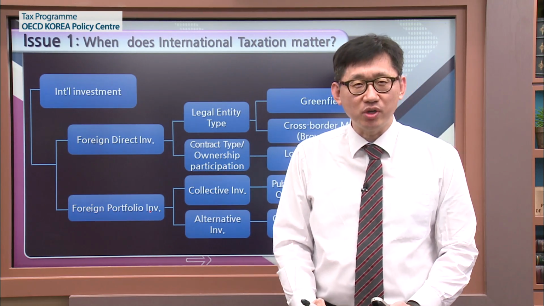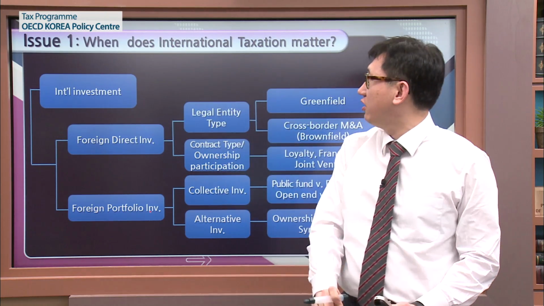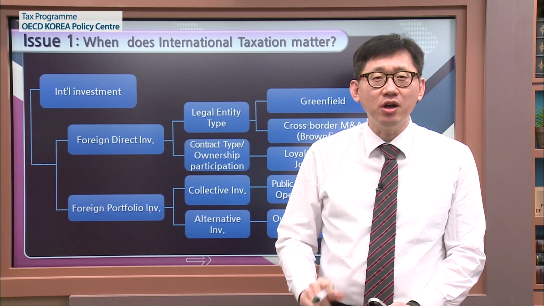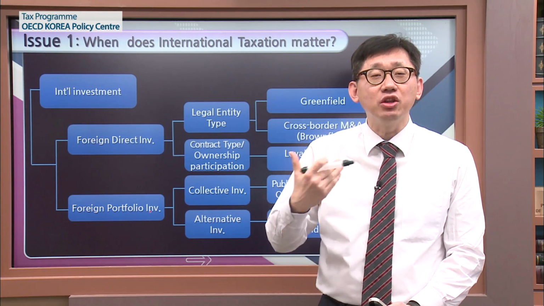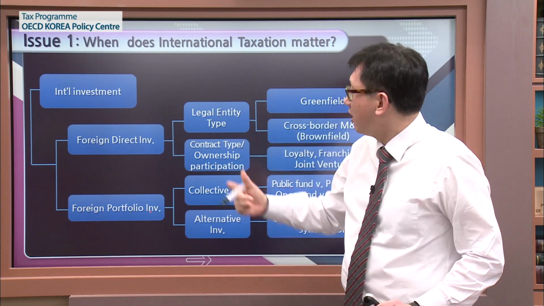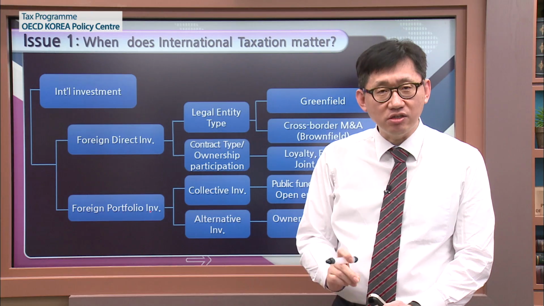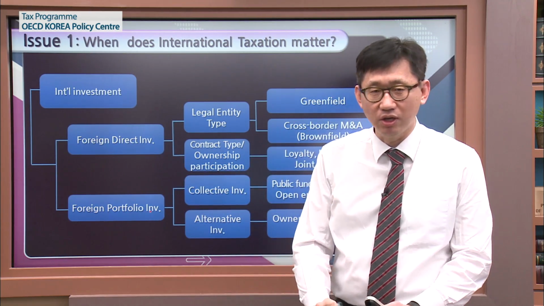Here you have to remember the name of issue one. When does international taxation matter? First, you have to remember that when a company, a multinational enterprise, starts to make an international investment, international taxation matters. And out of the two types of international investment, international taxation is closely related with foreign direct investment.